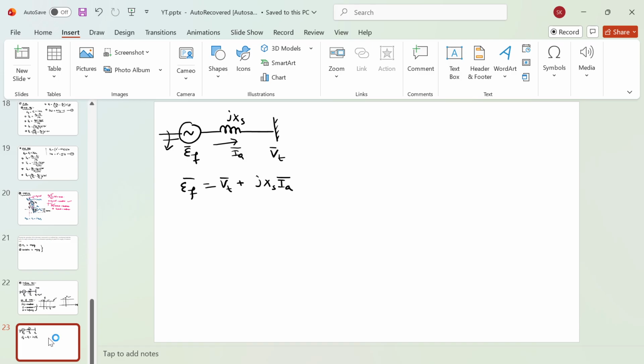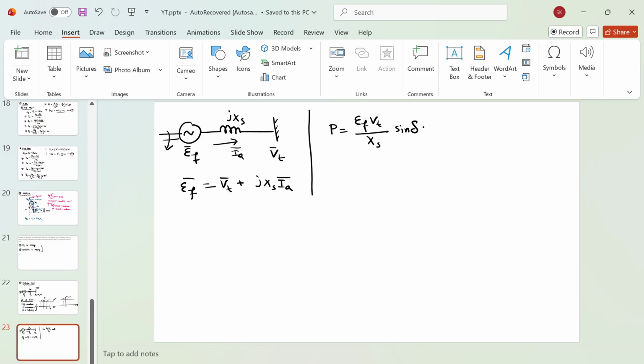Now we know how the active power flows. In case of active power, P is basically EF VT by XS sine delta.